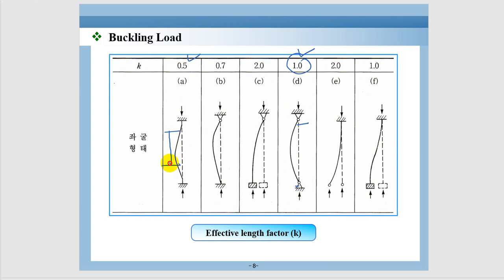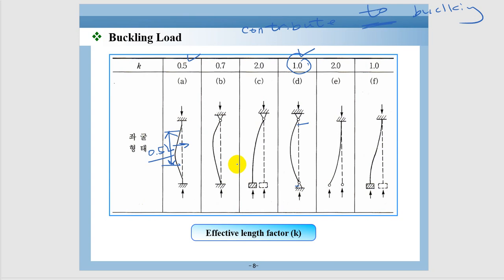This means that only 50% of L contributes to the buckling with the pin. And we have different hybrid boundary conditions.